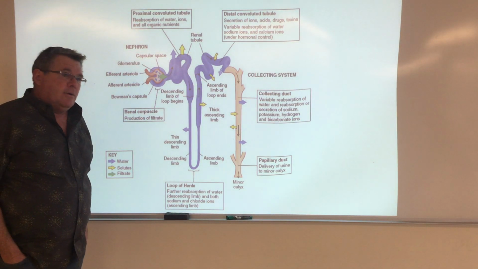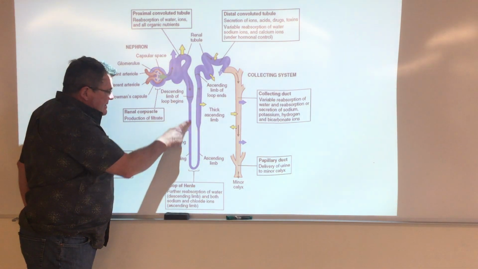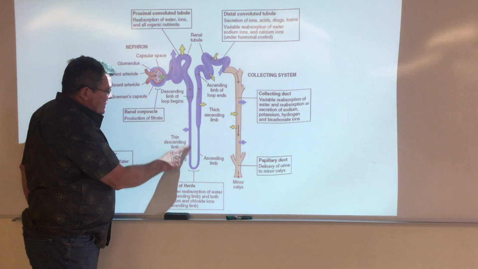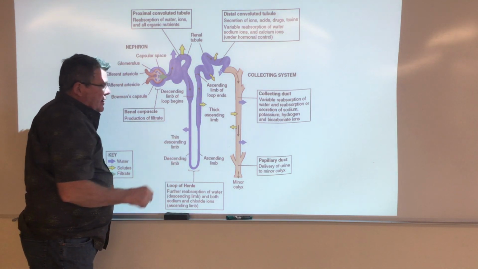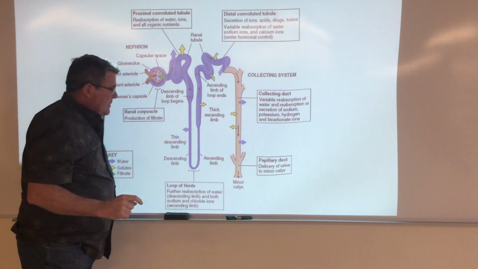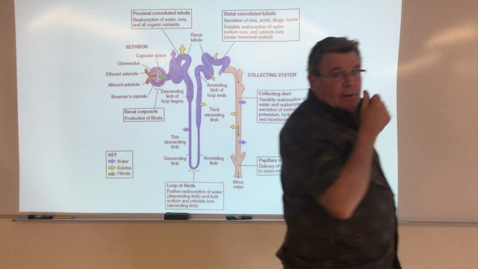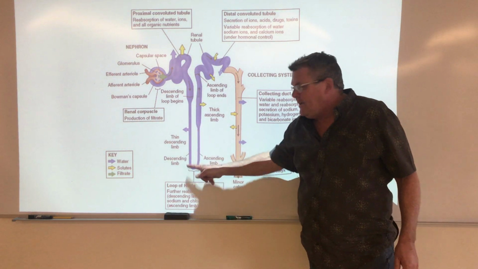Water is not going to go out, water is not going to come in. But once you get to the thin limb of this descending limb, there's a little arrow for water, and I would have drawn water coming out all over the place. So as we go down, as we go deep into the kidney, water is just flying out as we get down here to the bottom of the loop.